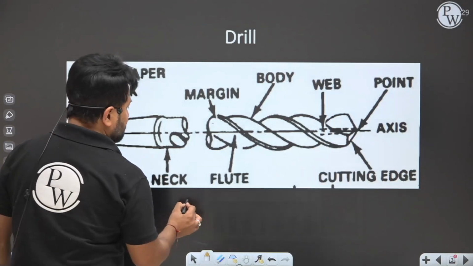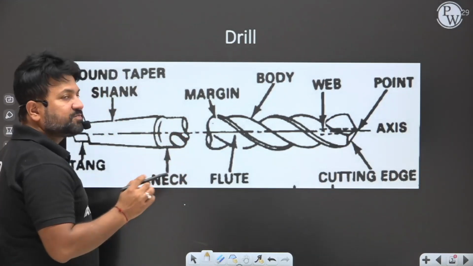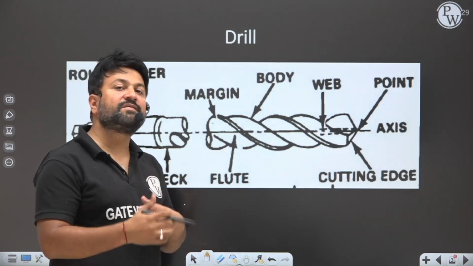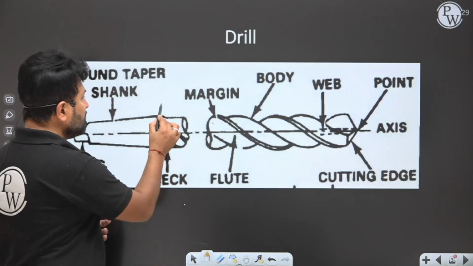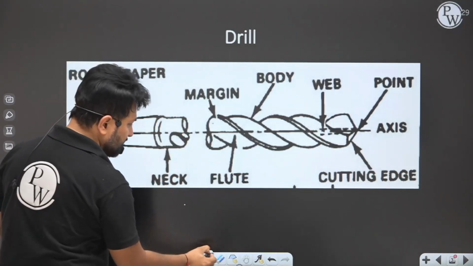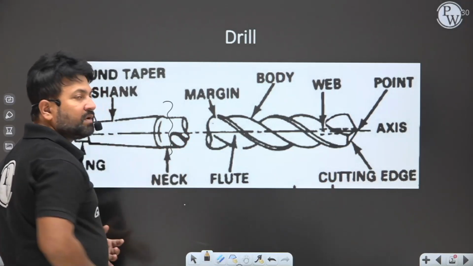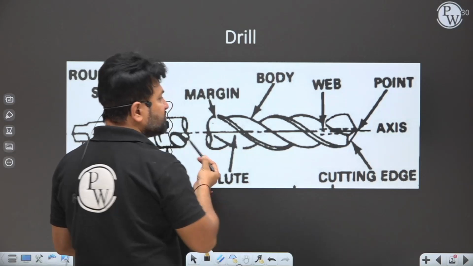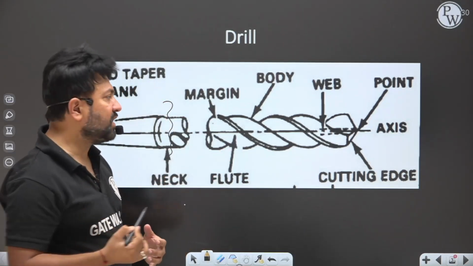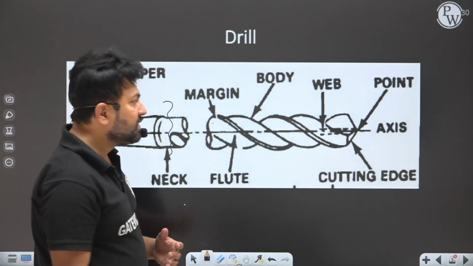Now this is the neck. This is the weakest portion of the drill. Suppose if the maximum load comes on a drill, then the drill tool will fail from here. Now this is the helical flute of the drill through which cutting chips will come out and cutting fluid will go inside the machining operation, right?